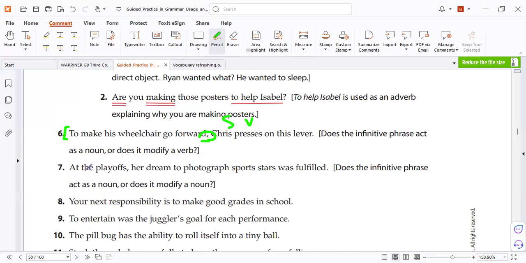Here again, add the preposition phrase and the subject, and then the infinitive phrase, and then the verb. So her dream was fulfilled. Delete the phrases and you will find the subject. Yes or no?